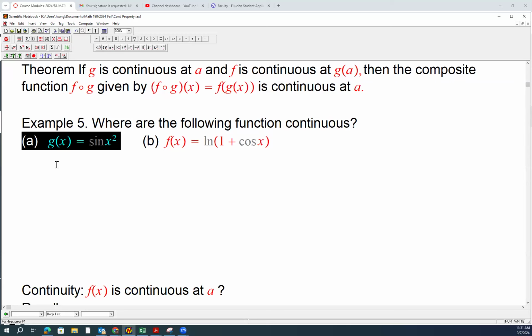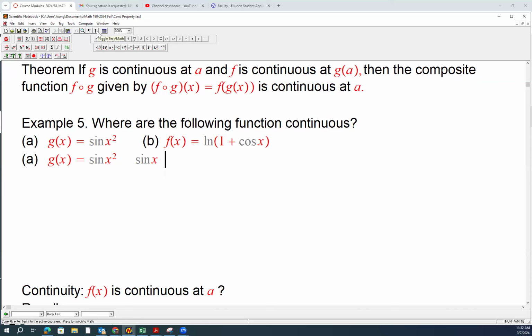So this function g is viewed as the composition of the sine function composite with x squared. Okay, so this is the composition of sine and x squared.